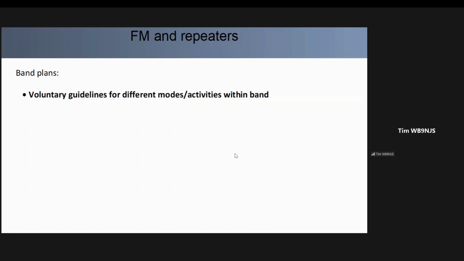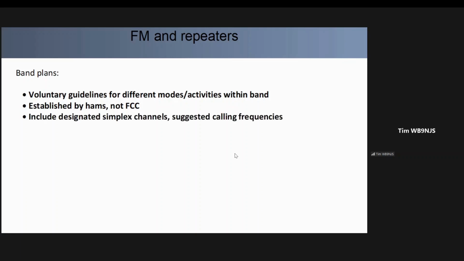That's out of the questions. Band plans are typically established by hams. The FCC has nothing to do with it. They're more or less a gentleman's agreement. And they often include suggested calling frequencies, designated simplex channels, and the like as part of the band plan.